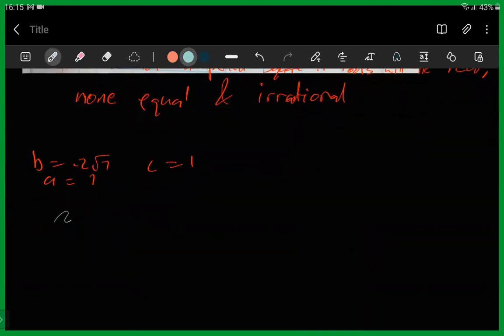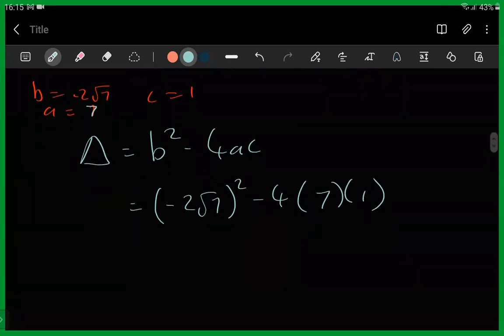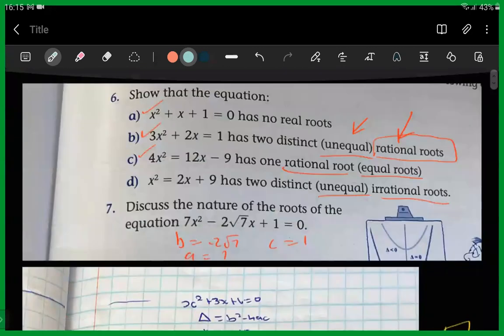Delta is going to be b squared minus 4ac, right? So what we need here is b, which is -2 square root of 7, b squared minus 4, a is 7, and c is 1. We want to see what kind of number this is. They're saying we should give the nature of the roots.